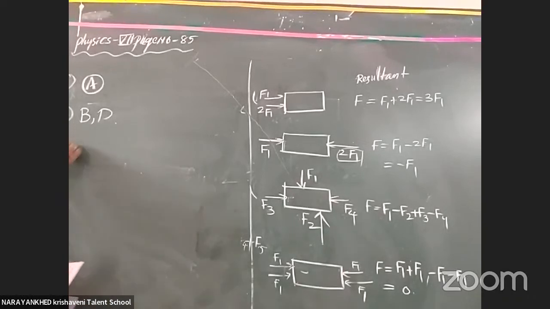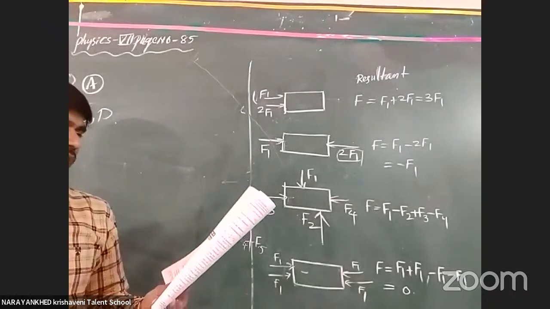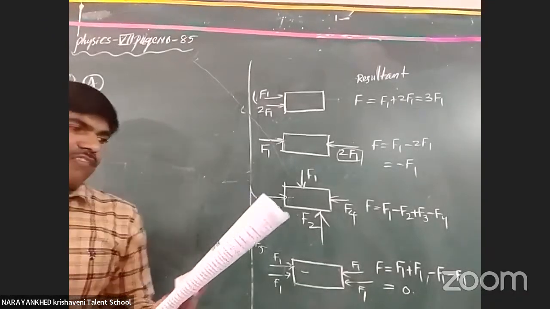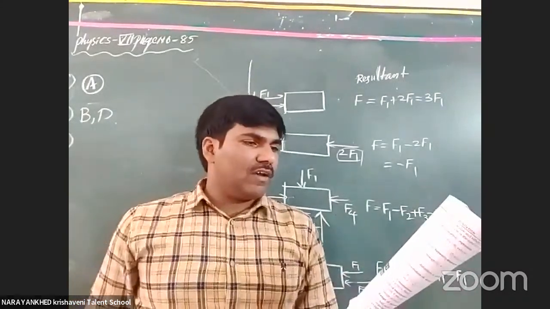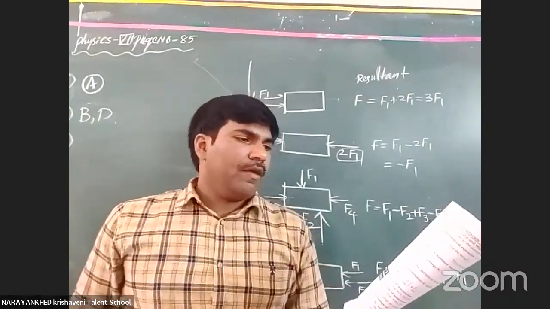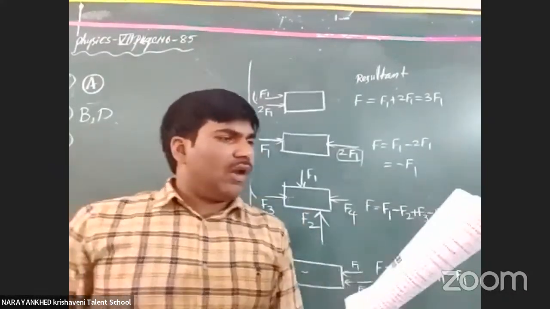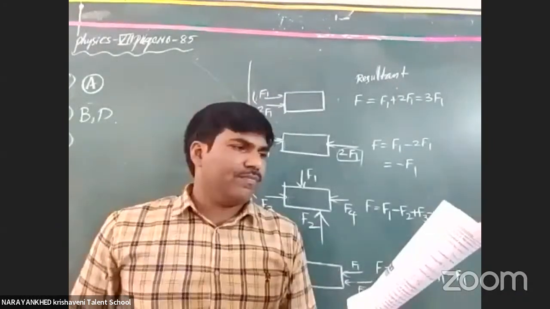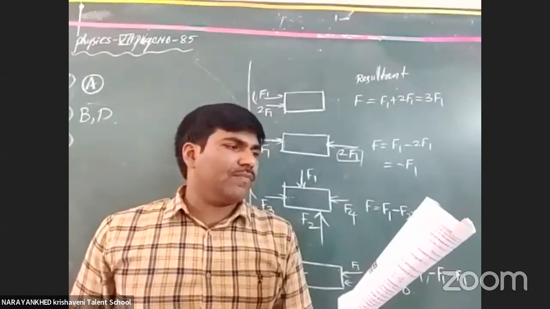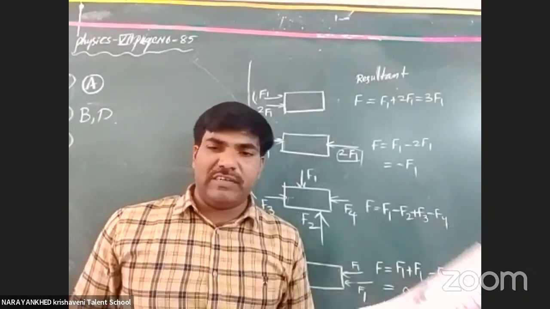Next, third one. The columns are given as the following. Now, inertia of rest, which one is it called? It is called Newton's first law. Inertia of motion is also called Newton's first law. Both contain the same answer. F is equal to ma is Newton's second law; we already discussed it in our class.